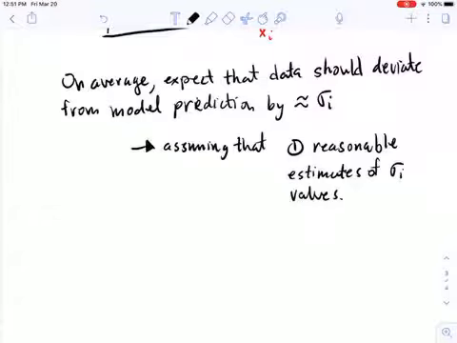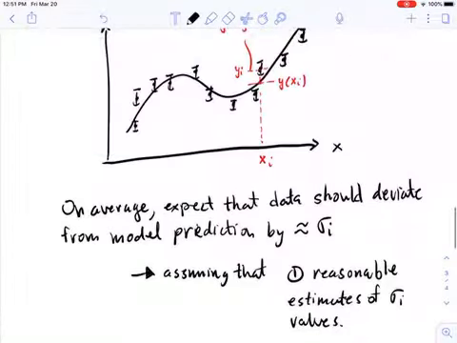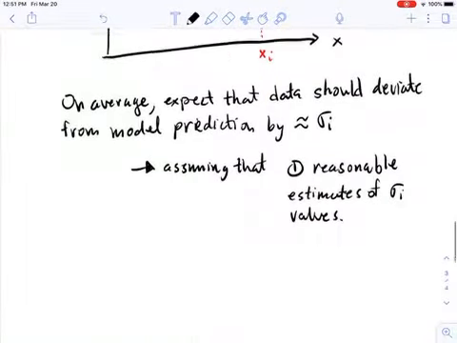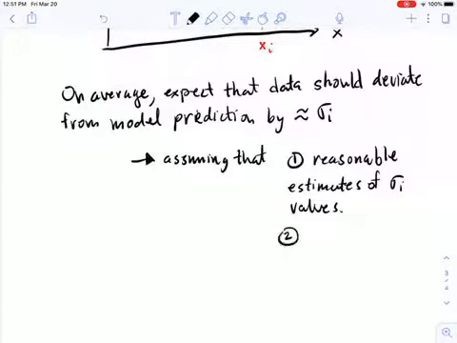If, for example, sigma i has been way overestimated, then you would find that the deviations between your measurements and your model would be small compared to your overestimated experimental uncertainty. The other thing that could happen is maybe the theoretical model that you have doesn't actually explain all the features in the data. Maybe your model's incomplete. So if we expect on average that the deviation should be sigma i, the other thing we're assuming is that the theoretical model used is valid.